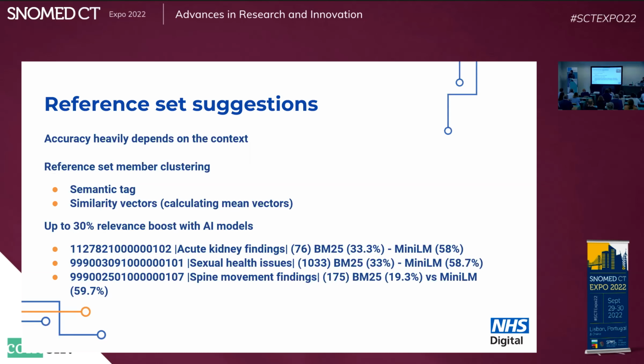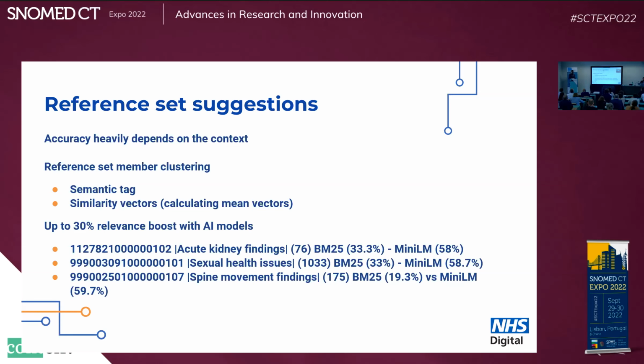The other area we have seen in the last years is that authors need some kind of tool that can suggest reference set members. SNOMED CT is huge, and with the frequent releases coming in, they produce so much content that you are unable to keep up with the data. You have a bunch of reference sets you manage, and you need some kind of tool that can help find the relevant concepts that should go into your reference sets.